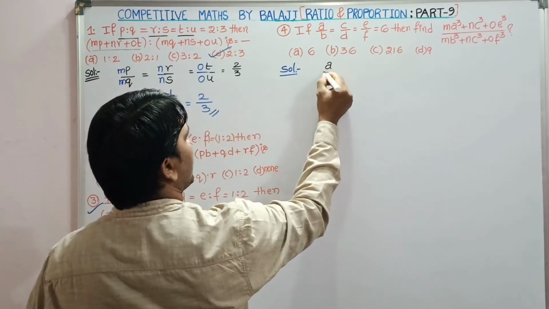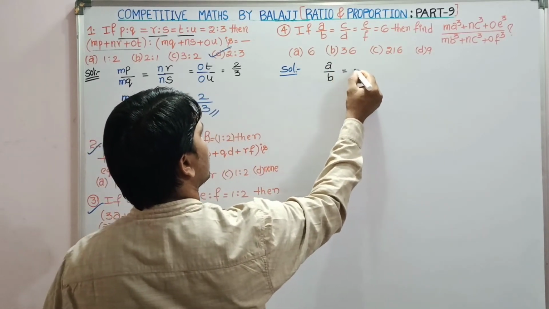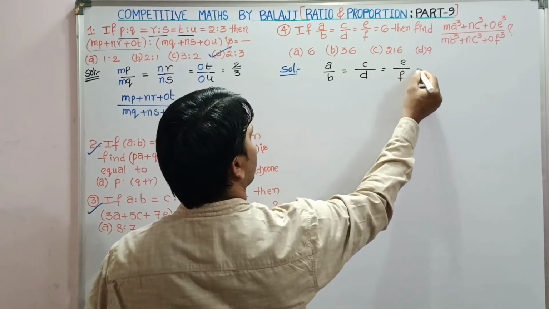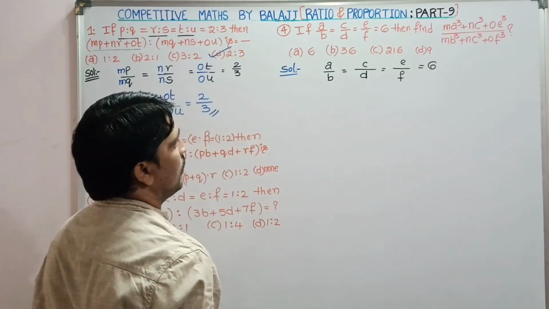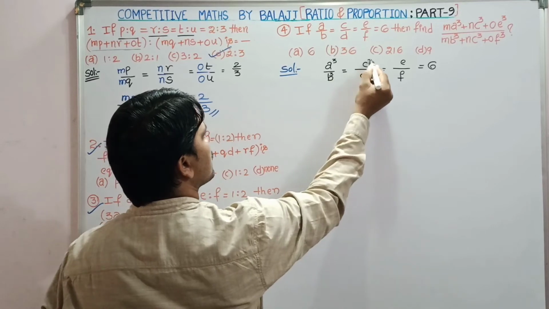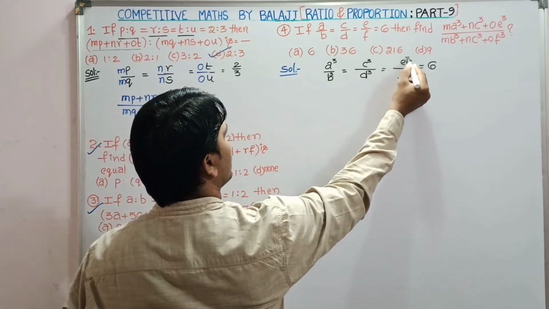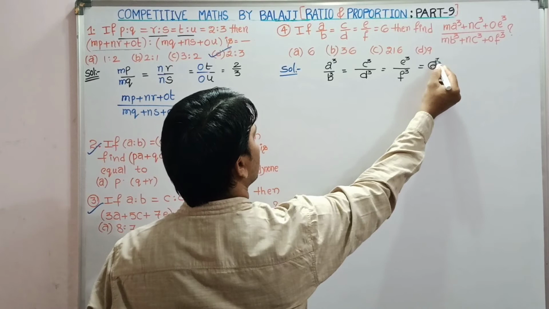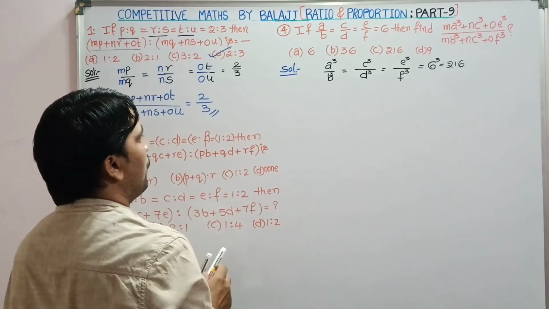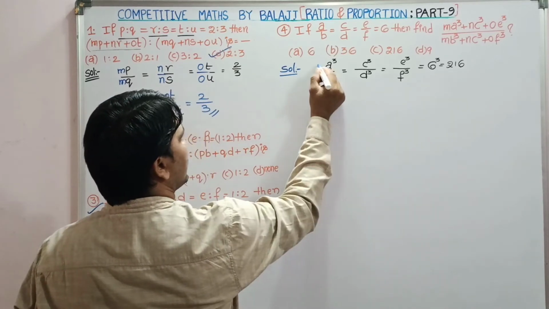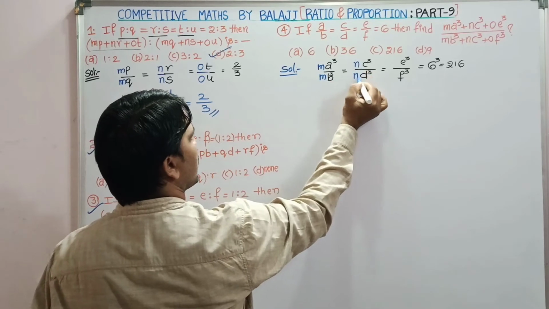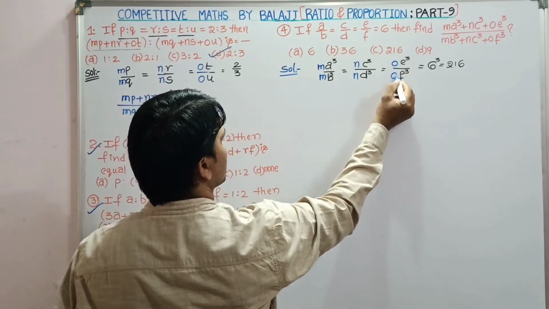Since we are given A by B equal C by D equal E by F equal 6, if we cube each term of the ratio, here we get 6 cube, that is 216. Okay. Now multiply numerator and denominator by the equal term M in the first case, N in the second case, O in the third case.